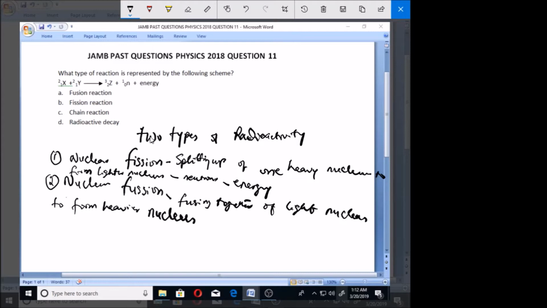One is breaking down and one is coming together, with the release of large amounts of energy. So those are the two different types of radioactivity that we have. From these definitions, you can answer this question.